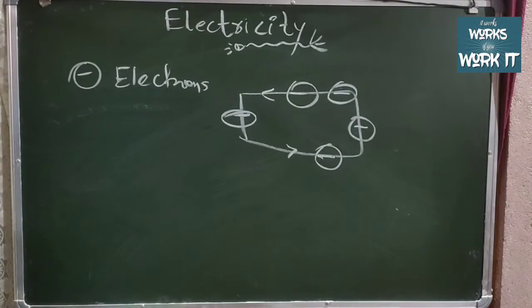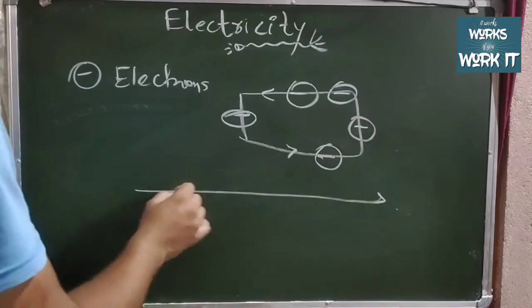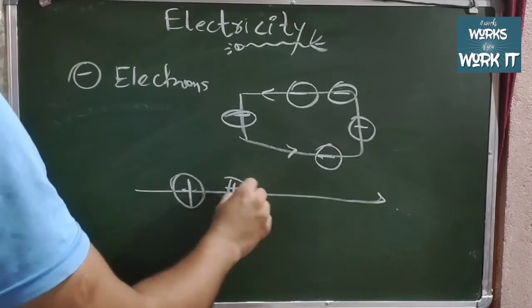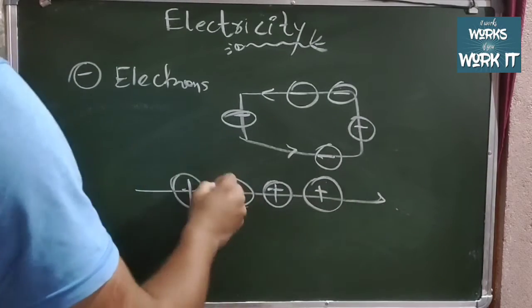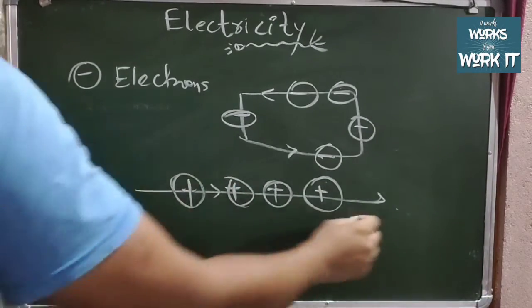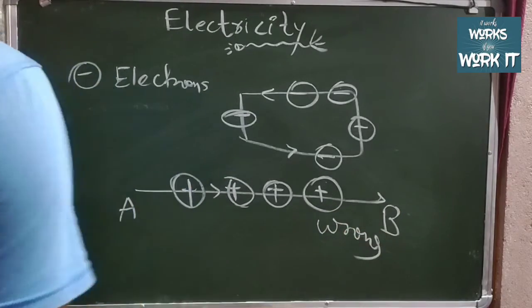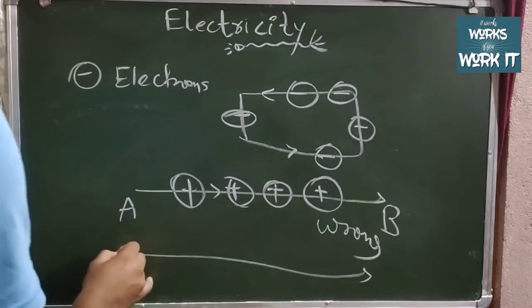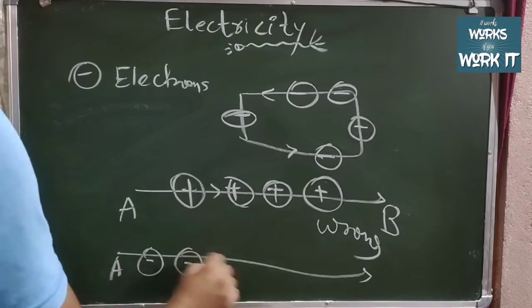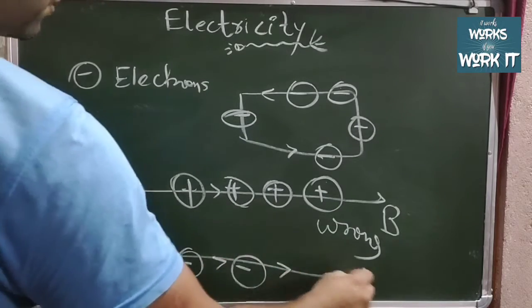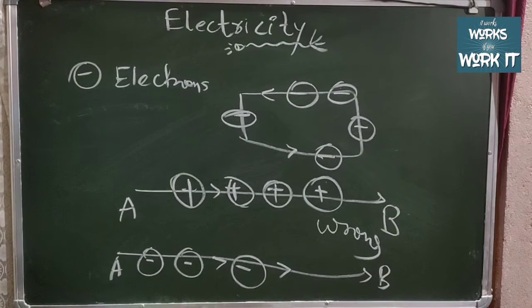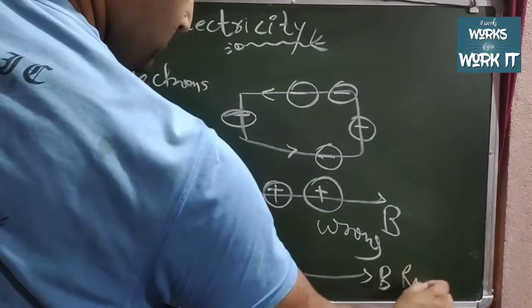Suppose I take a wire, and you think only positive charges flow from A to B, that is a wrong concept. The original concept is that from A to B only electrons flow. It is the correct concept.